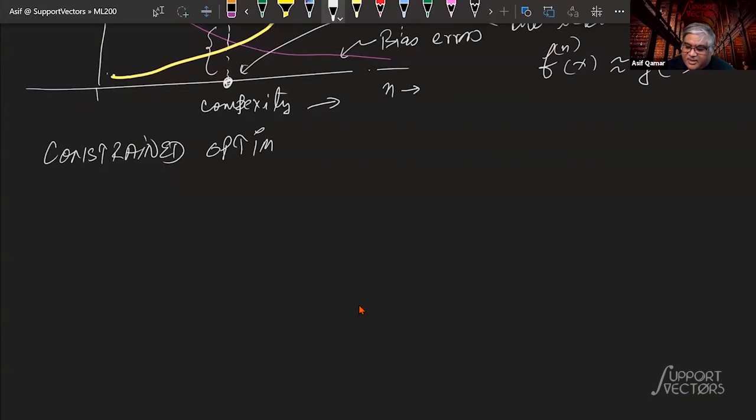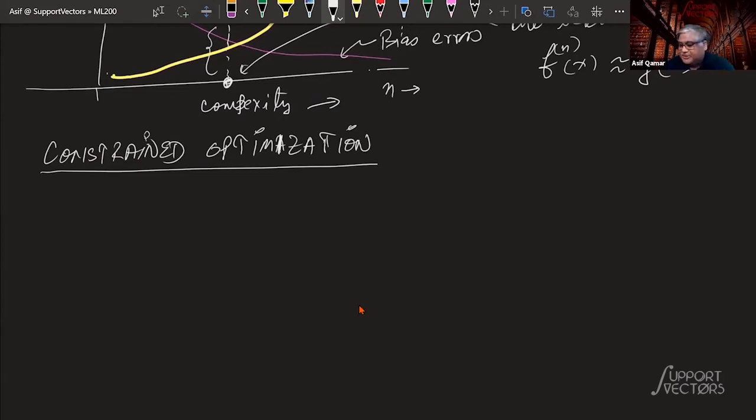I already introduced you to the concept of constraint optimization in support vector machines. In other words, find the maximal margin hyperplane constrained by a certain budget of mistakes that you can make. Remember? We will use the same constraint optimization today.